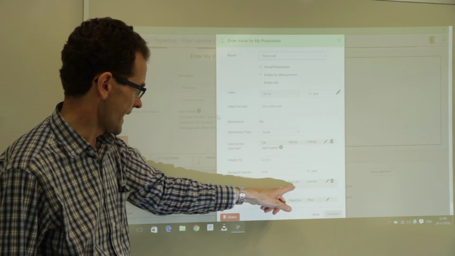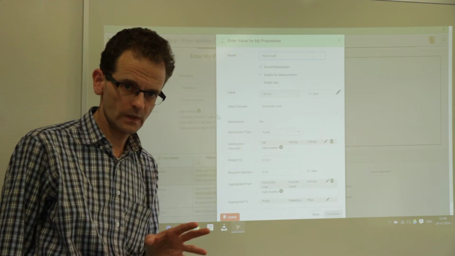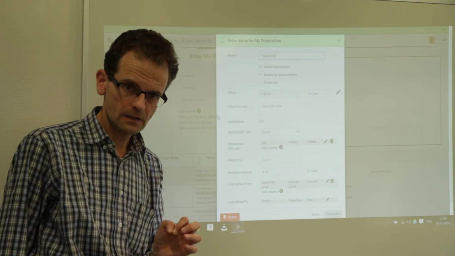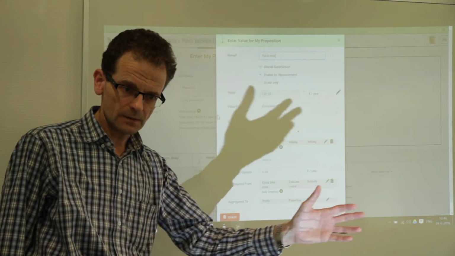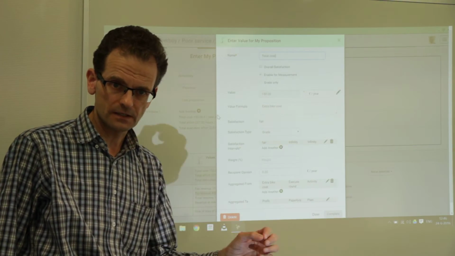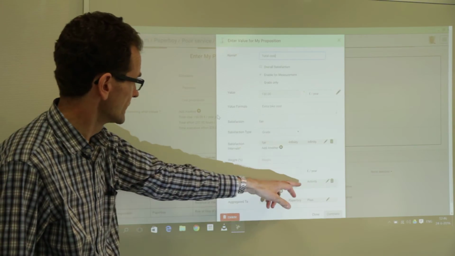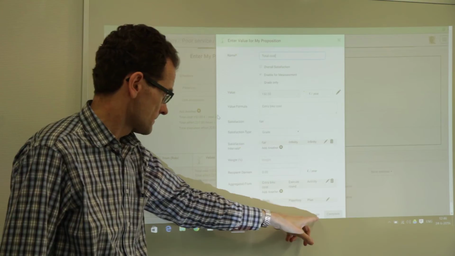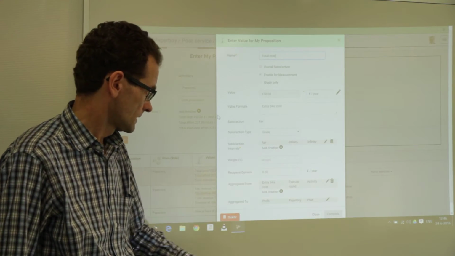That comes from the execute round activity. So this comes from an activity value. That means that somewhere in the process of the value stream, there is an activity that contributes this value to the total cost. And you close this one.